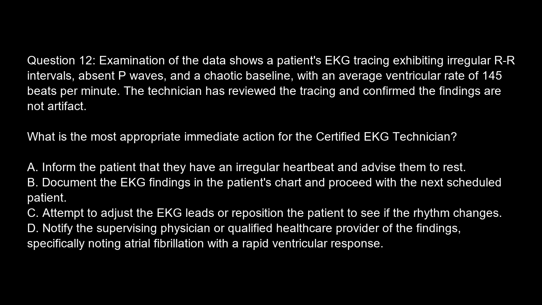Option A. Inform the patient that they have an irregular heartbeat and advise them to rest. Option B. Document the EKG findings in the patient's chart and proceed with the next scheduled patient. Option C. Attempt to adjust the EKG leads or reposition the patient to see if the rhythm changes. Option D. Notify the supervising physician or qualified healthcare provider of the findings, specifically noting atrial fibrillation with a rapid ventricular response.